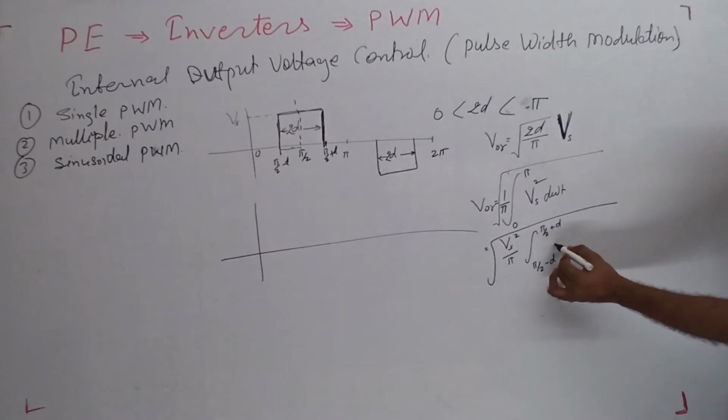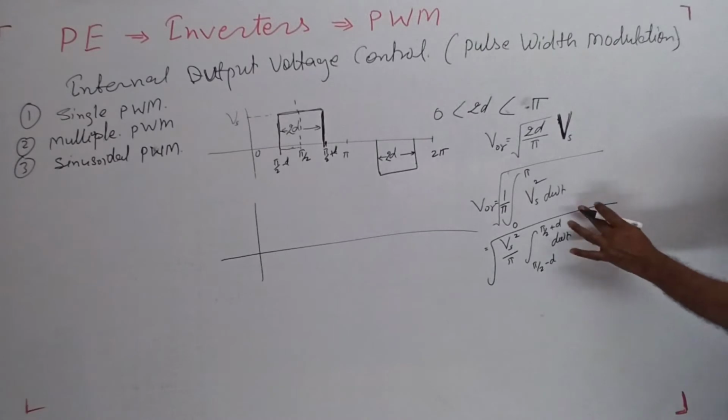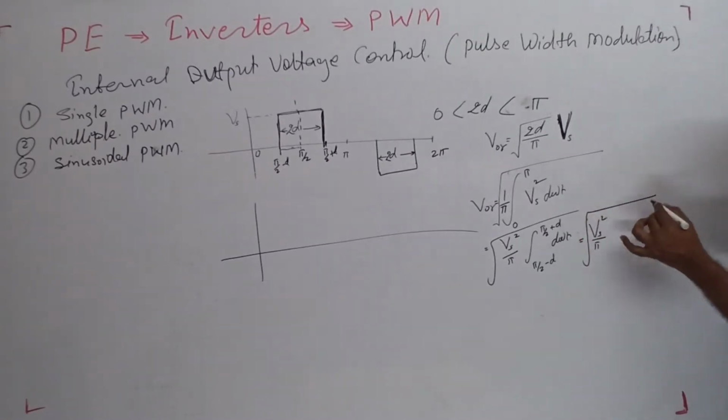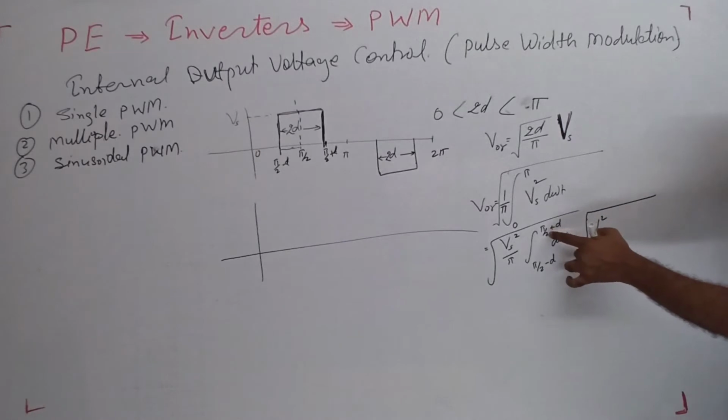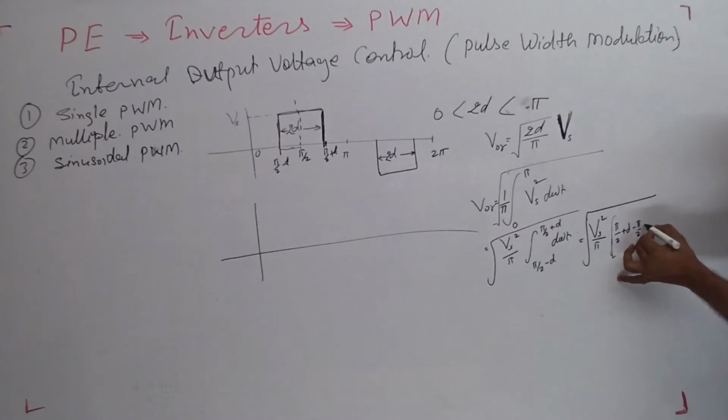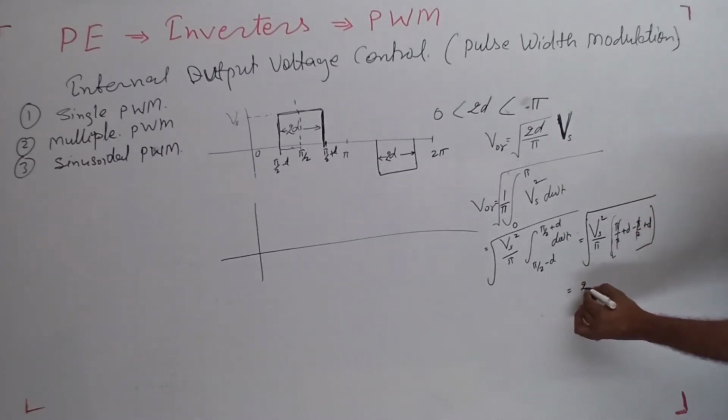So it equals Vs upon pi, square under the root, integral of d omega t. When we put the limits, pi by 2 plus d minus pi by 2 minus d, minus becomes plus d. So pi by 2 and pi by 2 cancel out, it becomes 2d. So it is the square root of 2d upon pi, into Vs.